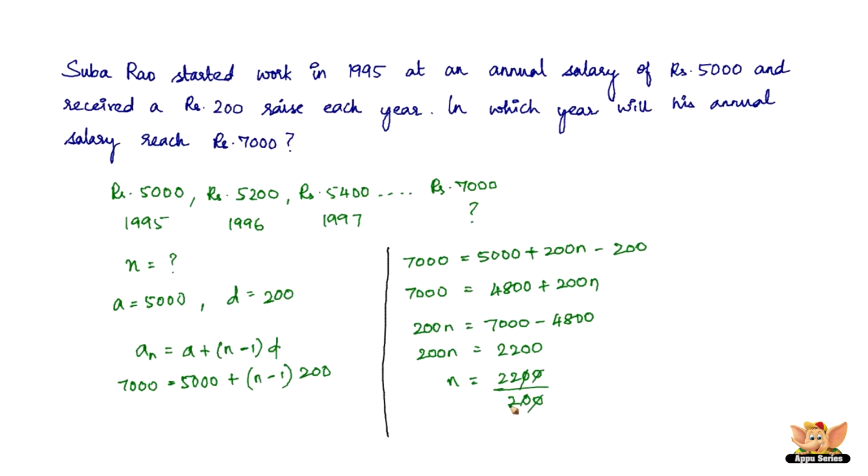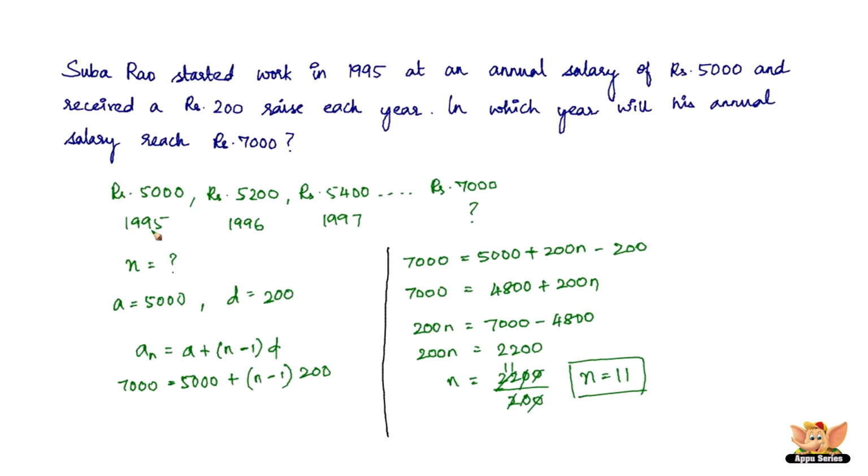That is nothing but 11. 200 goes 11 times in 2,200. So n is 11. So that means it is the 11th year. If this is the first year, this is the second, this is the third, this is the 11th year. So 11 years from 1995, Subba Rao gets his annual salary to reach rupees 7,000, right?